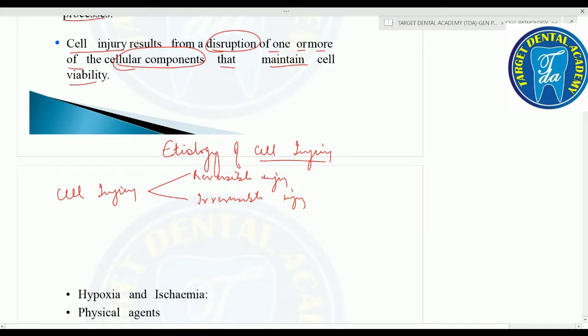Fine. So these reversible and irreversible, they are broadly classified into two large groups. Number one cause is the genetic cause. Second is the acquired cause.